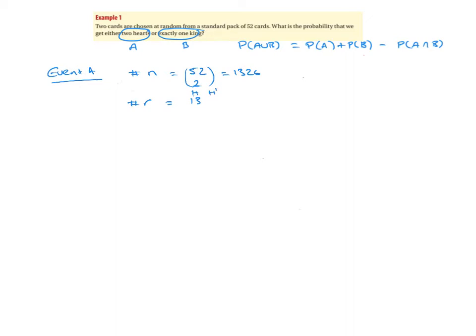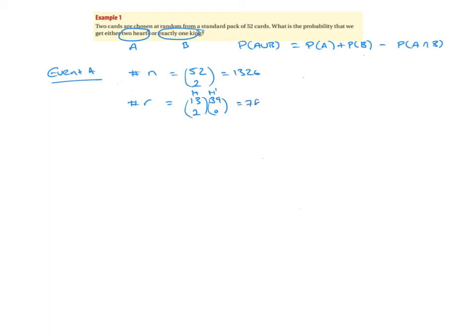From those 13 hearts, we need to choose 2, which means from the rest of the cards, we need to choose 0. There are 39 remaining, and we don't want any of them, we just want 2 hearts. That's where we get 13 choose 2. Notice again, guys, 13 plus 39 makes my 52, 2 plus 0 gives me my 2. And if I put that into my calculator, I get 78.